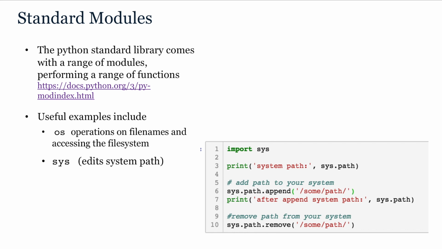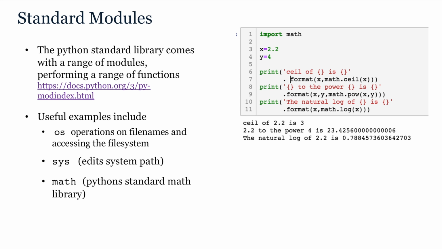Also sys, so this allows the addition or removal of paths from your system, such that if you add some directory to your path, then you're going to be able to find files or specifically modules that are located at that path. Math is Python's standard math library for operations including rounding, taking numbers to the power, estimating the natural log.